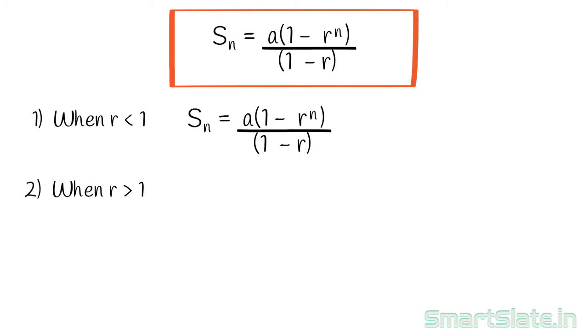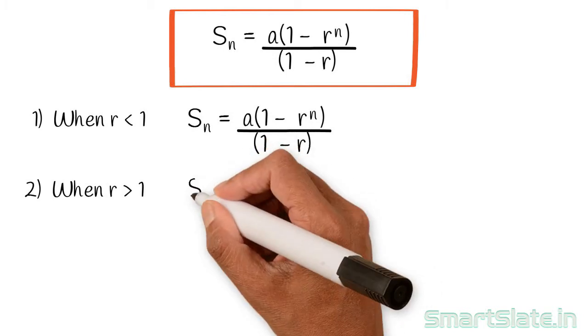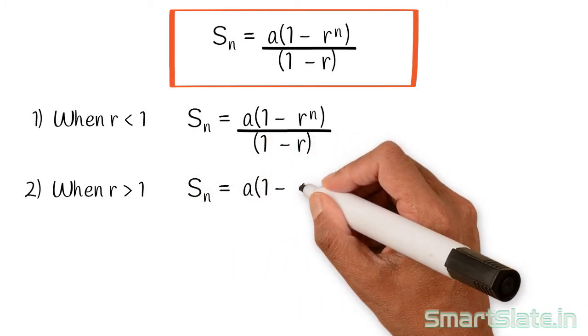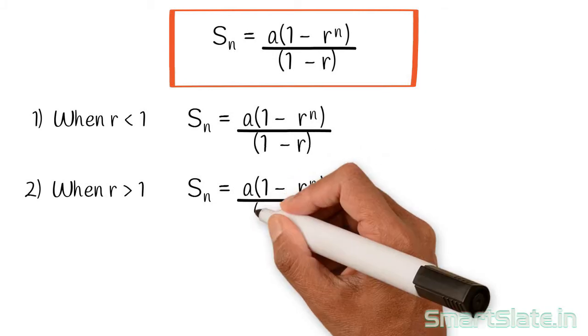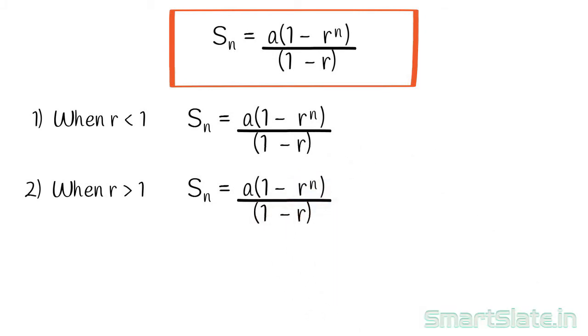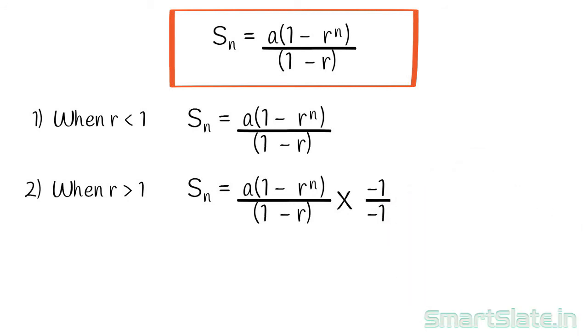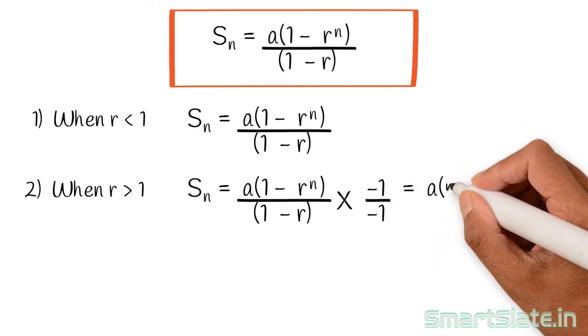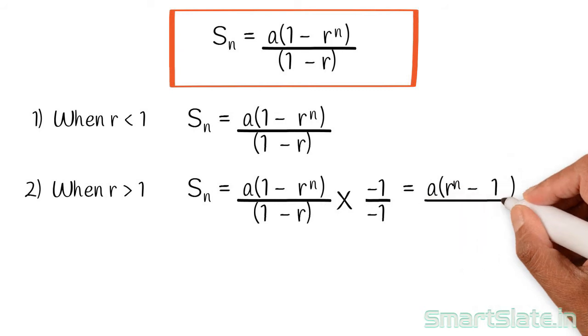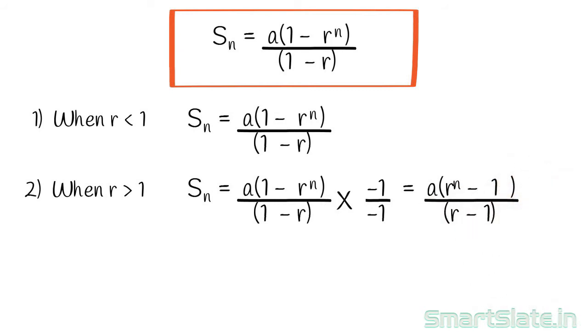So, in such a case, multiply and divide both numerator and denominator by minus 1. Sn is A into 1 minus R to the power n divided by 1 minus R. Let's multiply both numerator and denominator by minus 1. We get A into R to the power n minus 1 divided by R minus 1. When R is greater than 1, we should use this generic form.